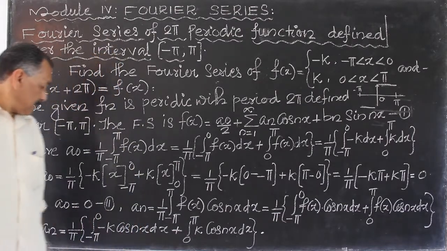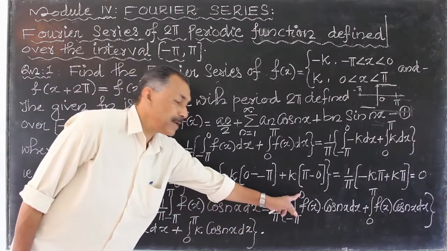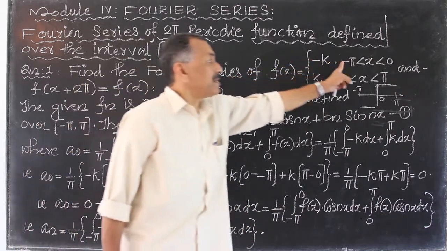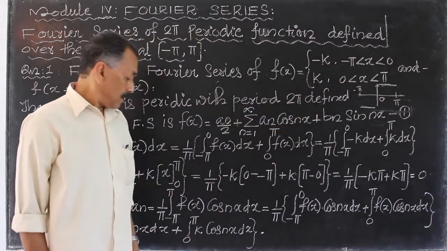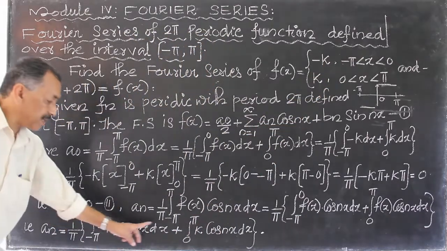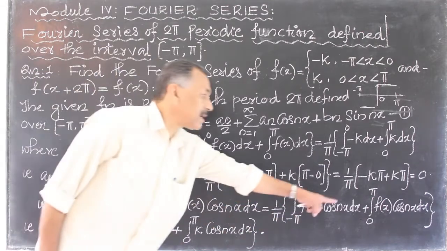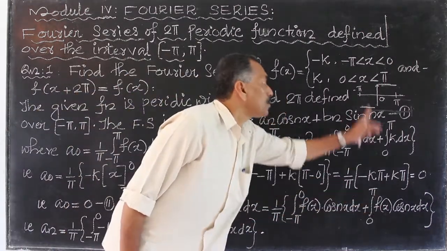Second, that is an is equal to 1 by pi integral minus pi to 0. What is f of x? If x lies in this interval minus pi to 0, f of x is equal to minus k. Then minus k cos nx dx plus the integral 0 to pi f of x.